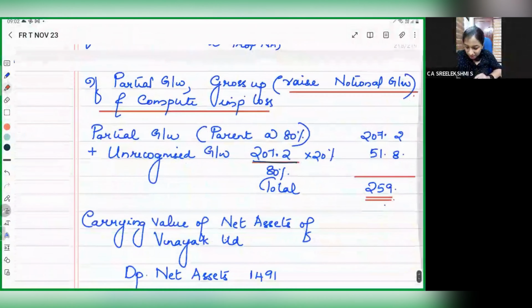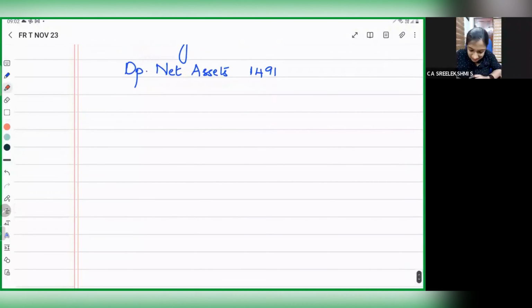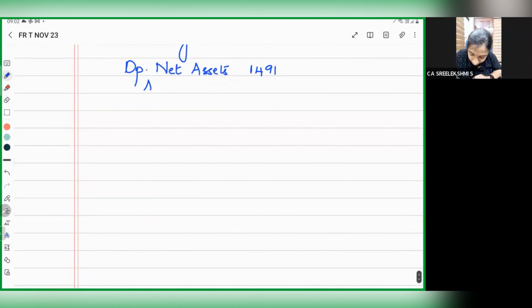So closing net assets would be 1491 plus... Do I have to do each PP, additional revaluation profits, additional depreciation, all one by one? Instead, opening net assets plus post-acquisition profits.